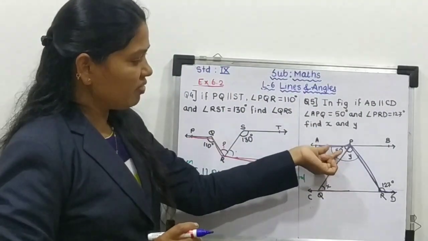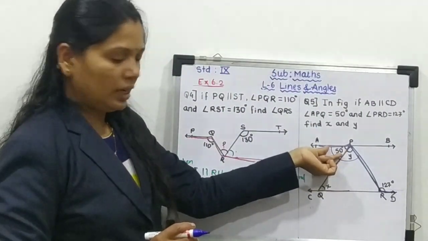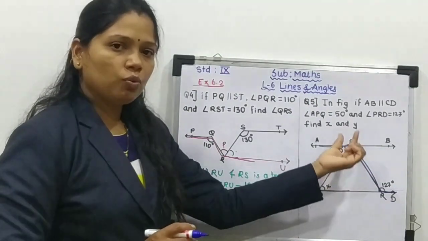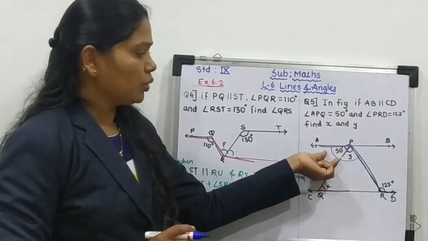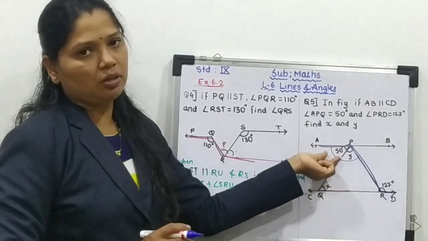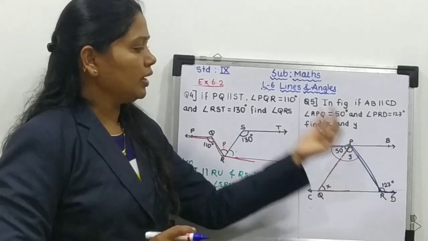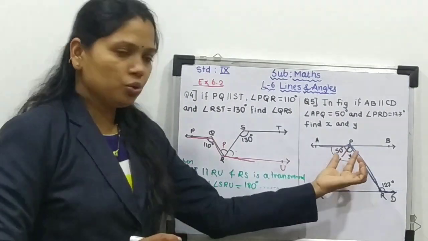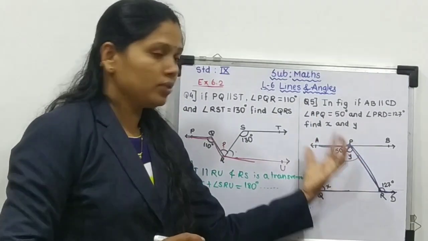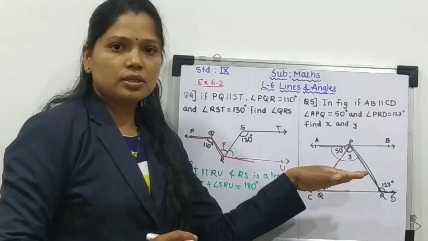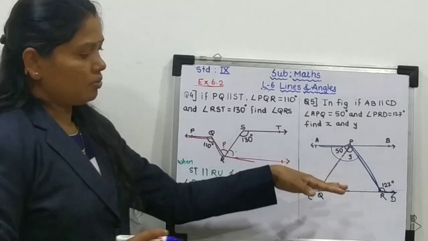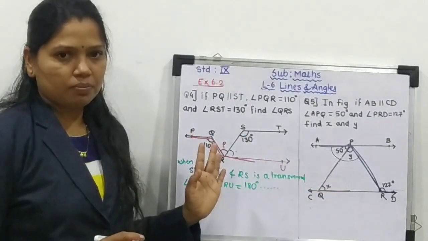Out of that, 50 we know. So if 50 is known, can we find out Y then? From 127 we are going to subtract 50 degrees. Got it? So we will get Y. Understood this one? So you just solve it as homework. It is an easy sum. I told you how to solve it. Just use that and solve it.